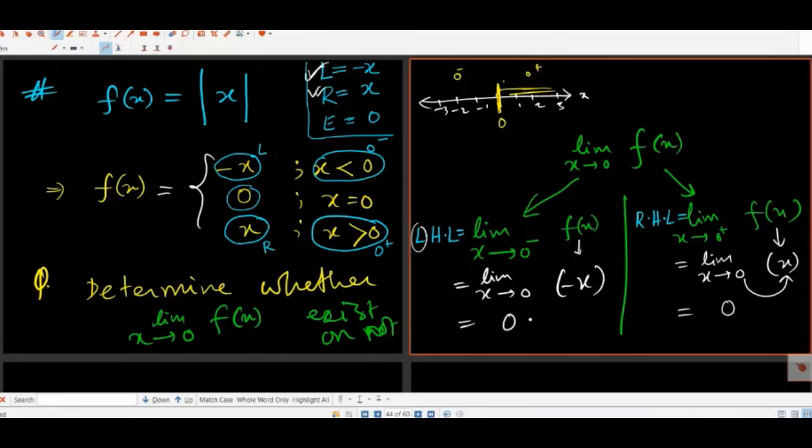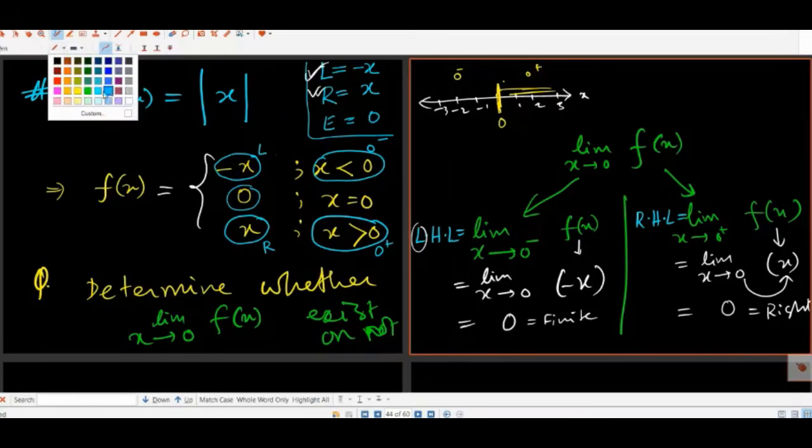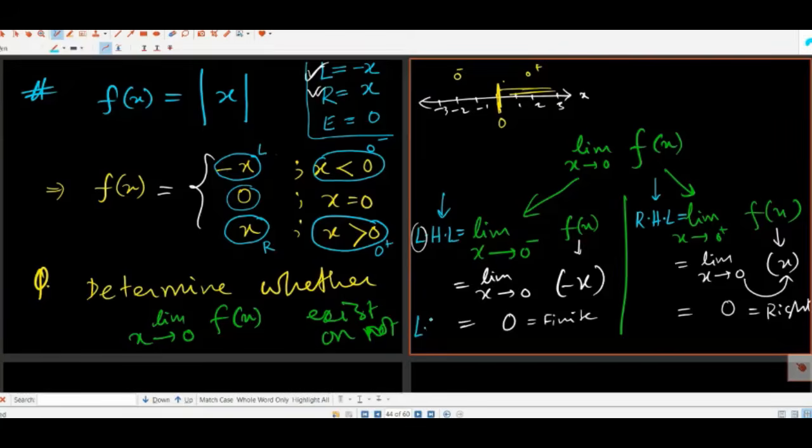So 0 is a finite value on the left side, and on the right side 0 is also a finite value. So we can say that the one-sided limits, that is the left-sided limit and the right-sided limit, exist. The left-hand limit is 0, and the right-hand limit is 0.